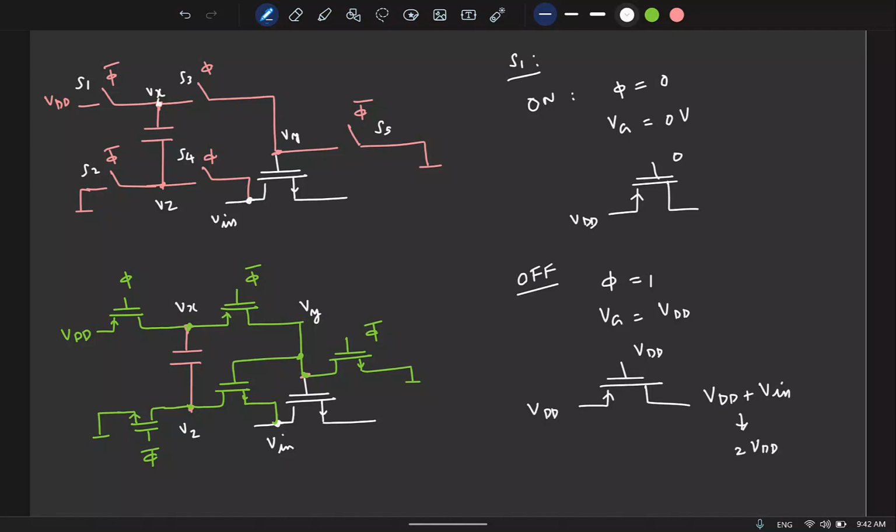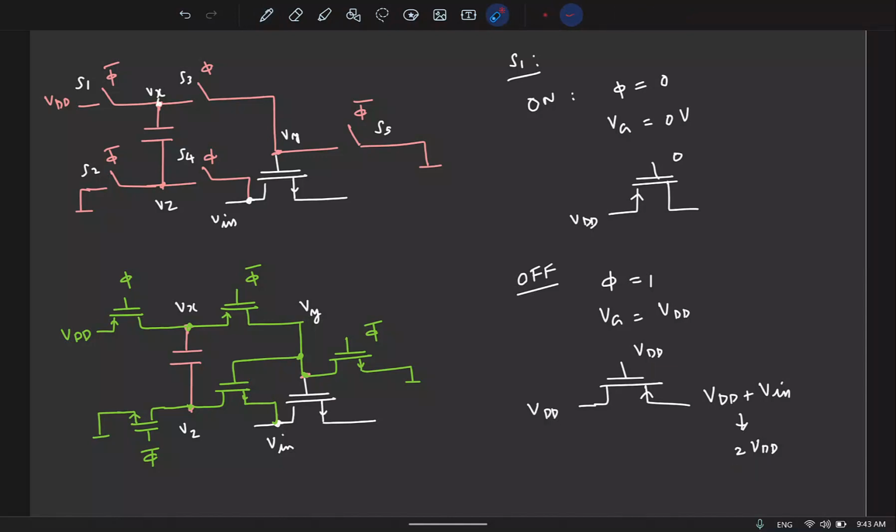So now do you think the MOSFET will be on or off? Again, remember, for a PMOS, the terminal with the higher potential will act like the source. So here this is at a higher potential, so this will now become the source. And the MOSFET will be on or off? Still on. This is at 2 VDD, this is at VDD. It will easily turn on.